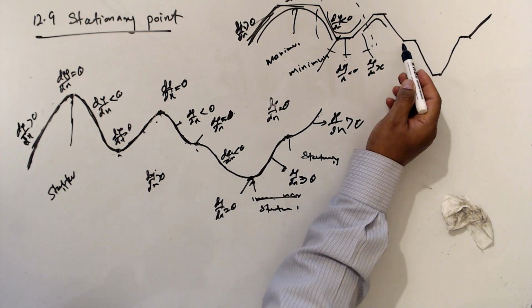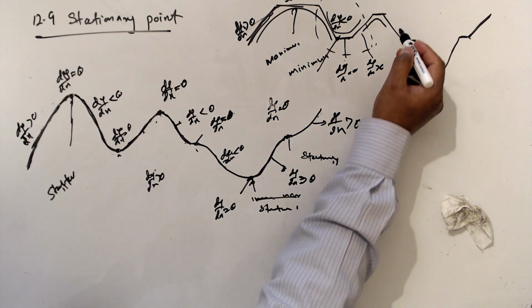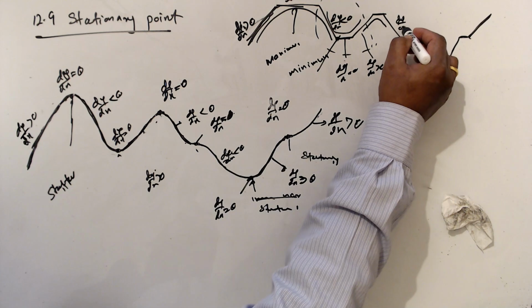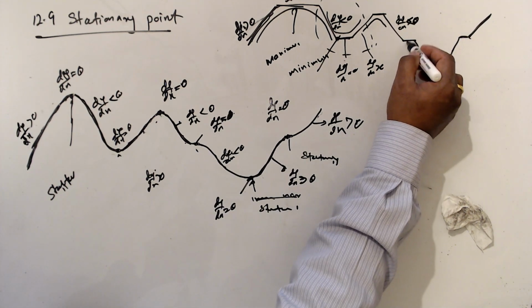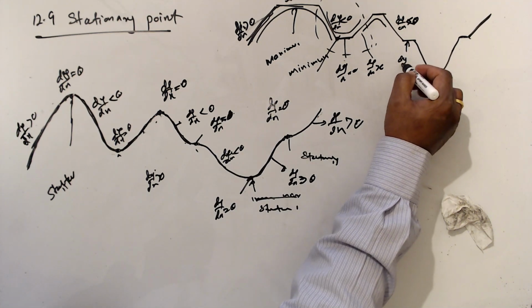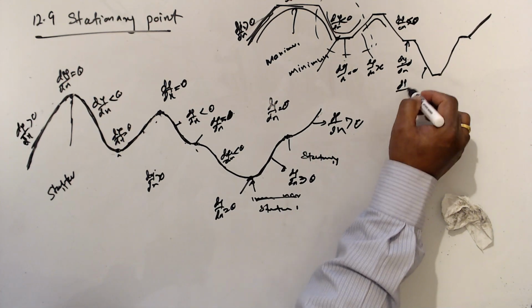And now here you can see dy/dx less than 0, and then this is equal to 0 again, and again less than 0.